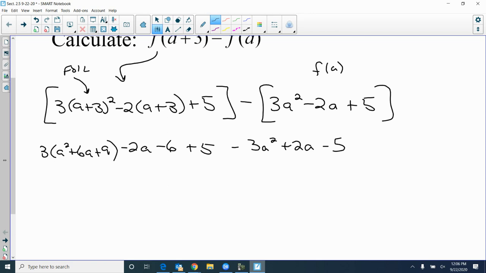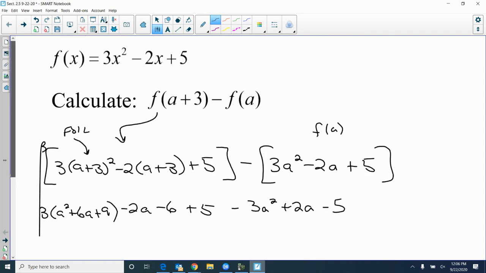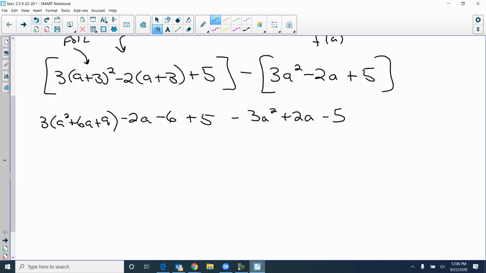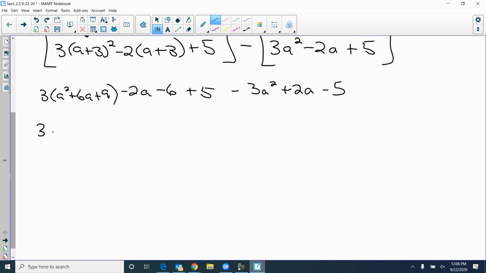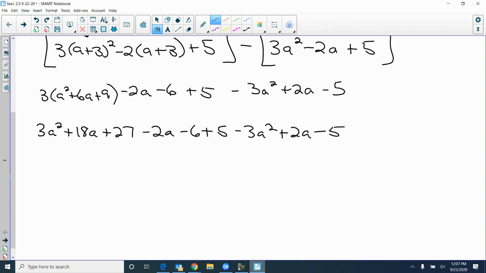So all those signs are going to flip, not just the first term: the negative 2a will become positive, positive 5 will become negative. So be careful there. Distribute the 3: 3a squared plus 18a plus 27 minus 2a minus 6 plus 5 minus 3a squared plus 2a minus 5.